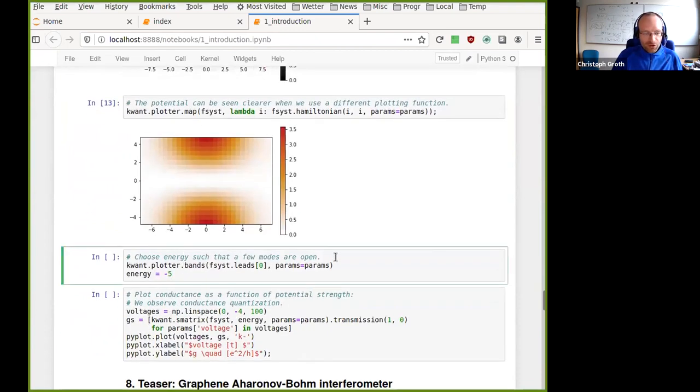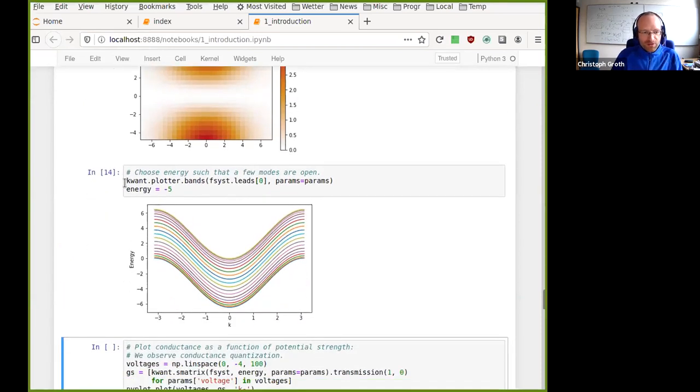And now let's look at the bands. It's always good after defining such a model to look at the bands to see what the energies involved are. To plot the bands, there is a function kwant.plotter.bands, and a finalized system or any system has an attribute called leads, which is simply a list of leads. So here we have 2 leads, and leads[0] is the first lead.